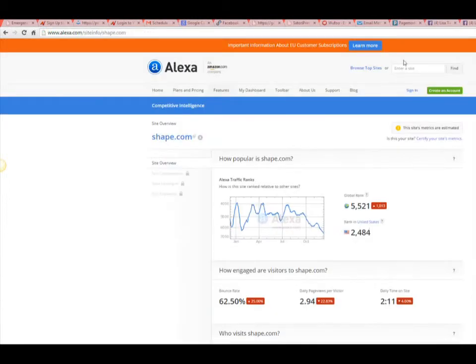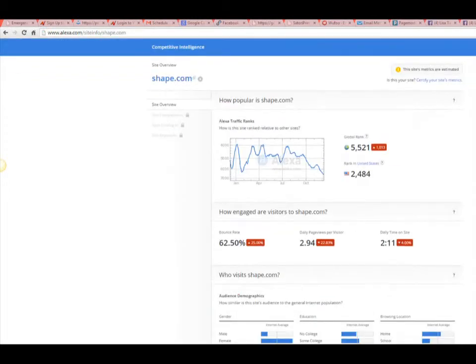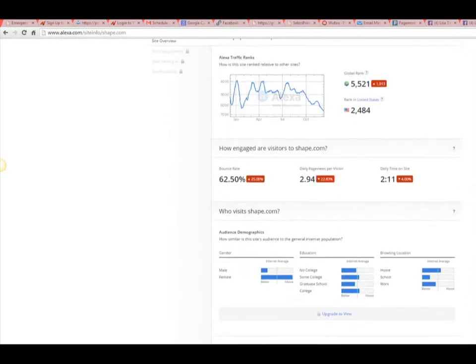Now another website is Alexa. I did the same thing for shape.com, and their ranking in the United States alone is 2,400, and globally it's 5,500. Now here's what's important to know about Alexa. On the right-hand side, it shows the daily time on site.